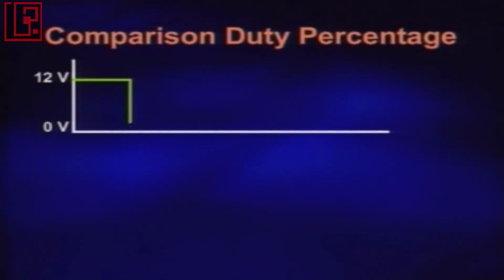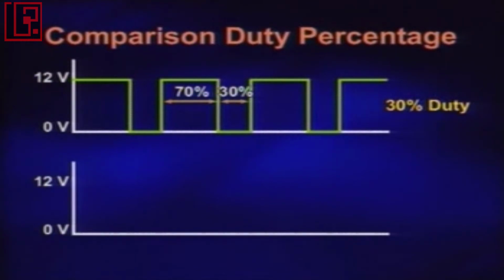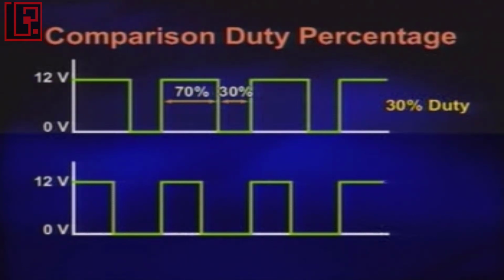For example, in the case of 30% opening duty, the valve remains open for about 30%. Likewise, in the case of 60% opening duty, the valve remains open for 60%.